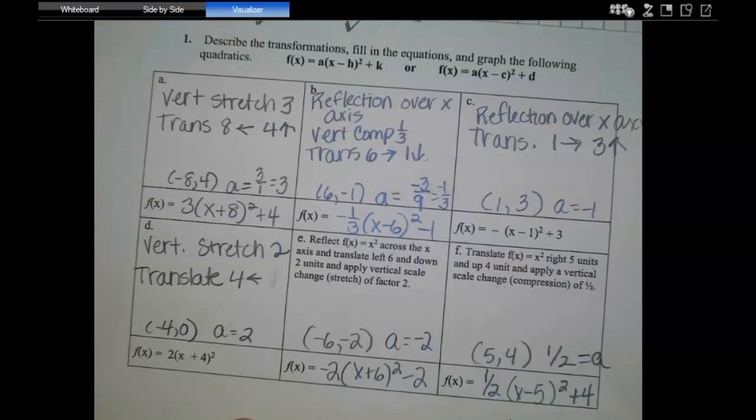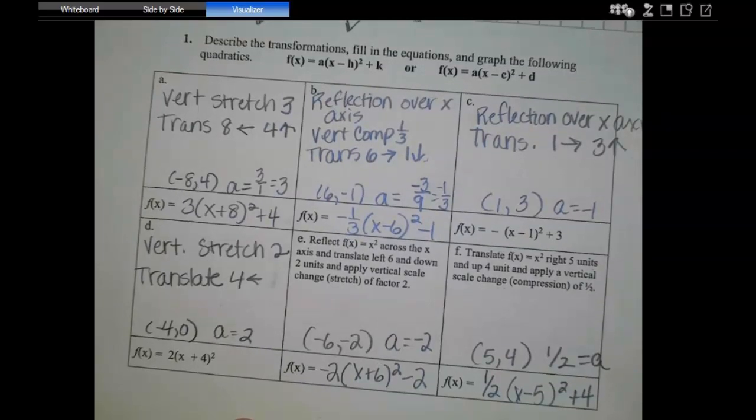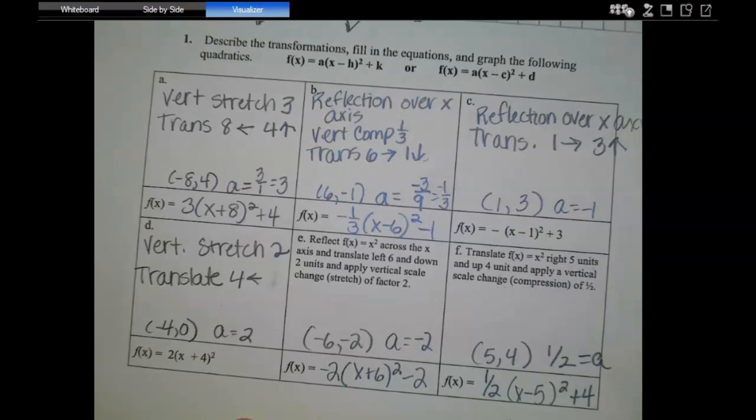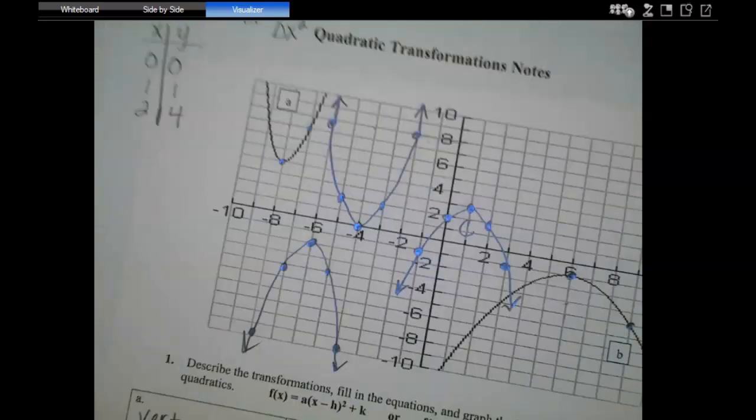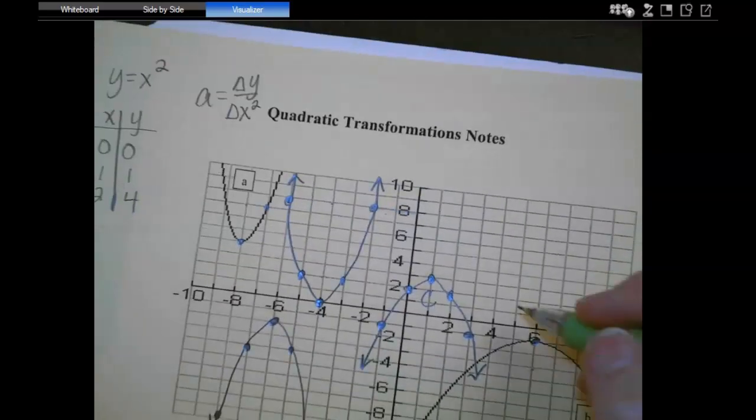Because if I move 2 over 2, I get 2 over 4, which is 1/2. Y'all understand this? I need you to understand it, because it's proportional, right? We're moving a proportion.